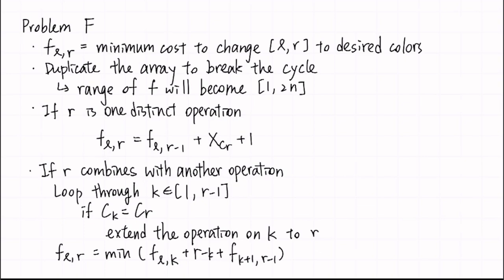The cost to change this cell on its own is XCR since we want to modify it into color CR, and then since this operation has a length of 1, we add 1.